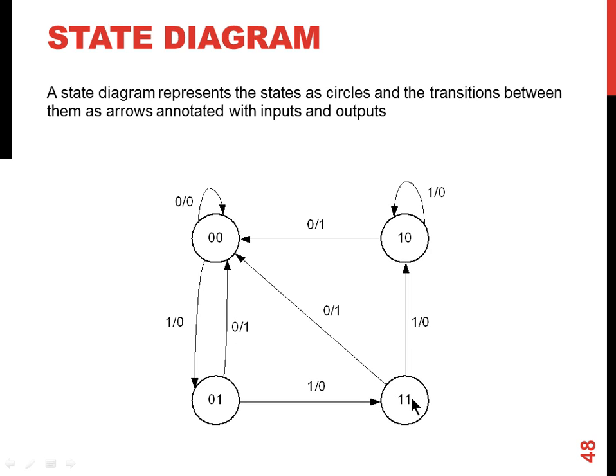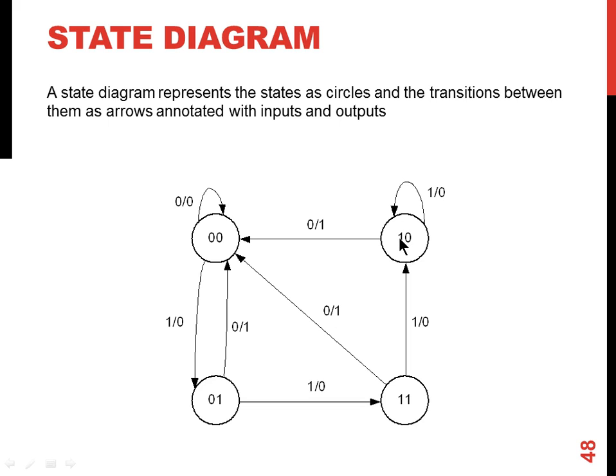In state 3, if input is 1, it will go to state 2 and output is 0. In state 3, if input is 0, it will go back to state 0 and output will be 1. In state number 2, if input is 1, it will stay in state 2 and output will be 0.